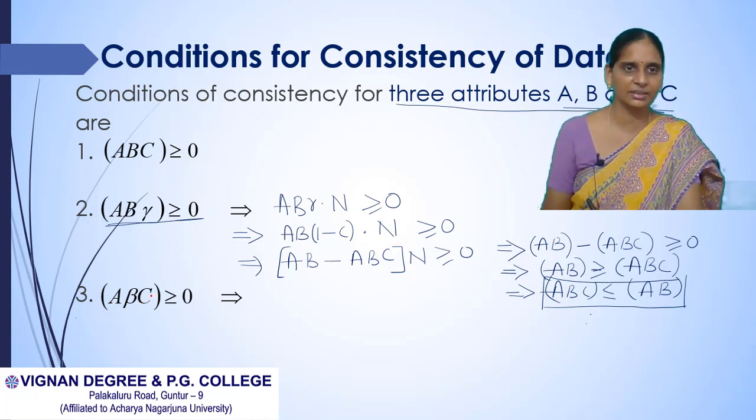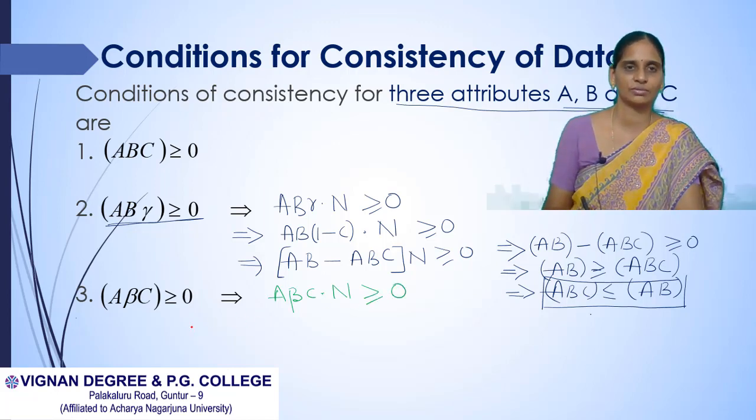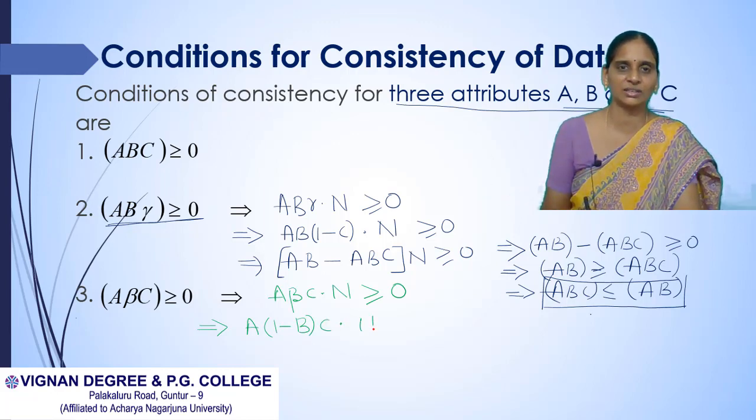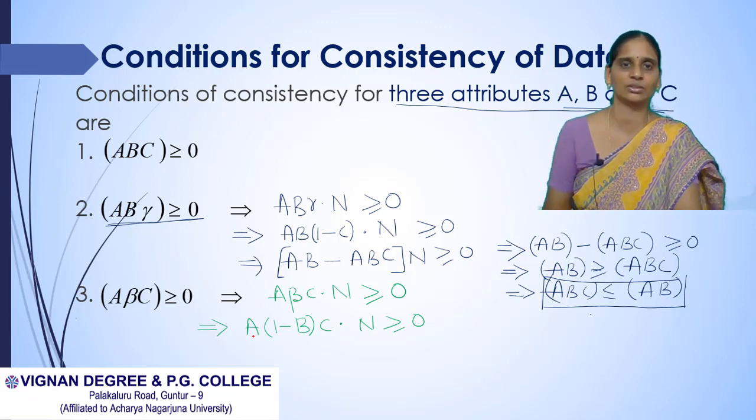In this condition, frequency of A beta C can be written as A beta C into N, which is greater than or equal to 0. So this implies A into beta can be represented as 1 minus B into C, into N greater than or equal to 0.